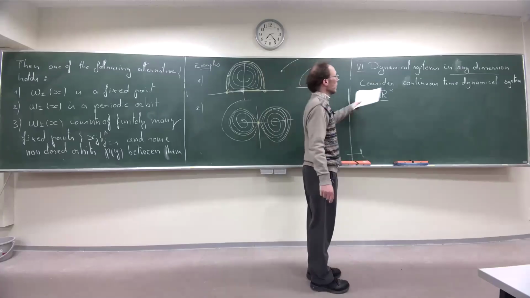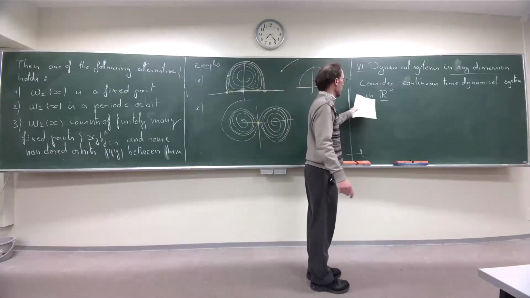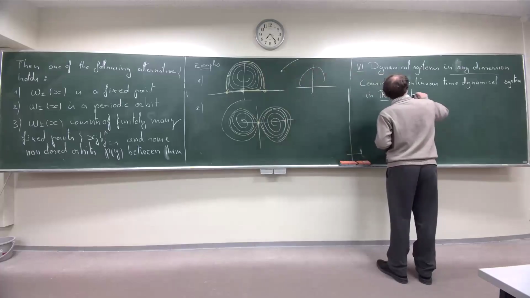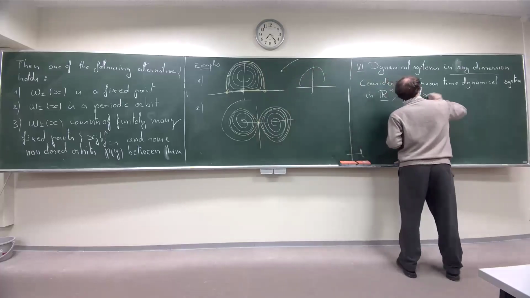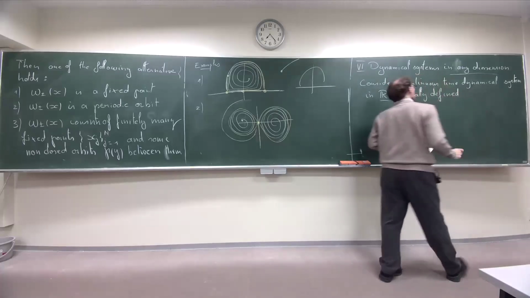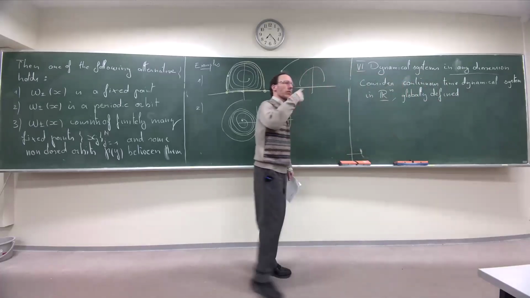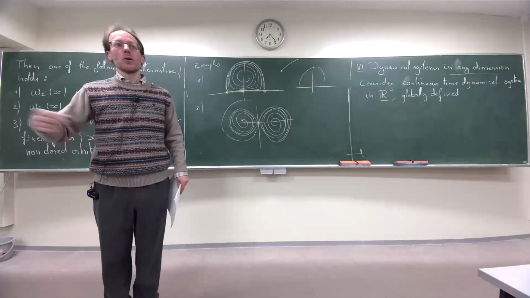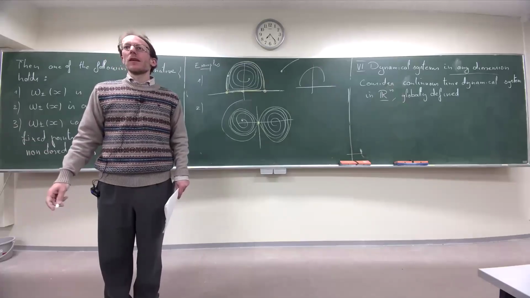So we consider continuous time dynamical systems in Rn, and we shall assume that they are globally defined. What does it mean? I introduced it, but let me recall it. It means I can define it for all time, t can go to plus or minus infinity.